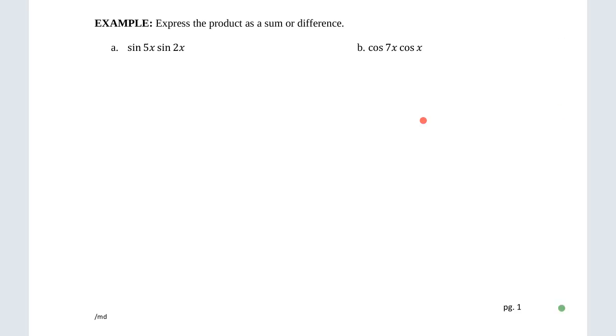Express the product as a sum or difference. Given here we have sine 5x times sine 2x. Obviously, in this statement we do have a product, since the operation is multiplication. First, I'm going to identify the angle alpha.